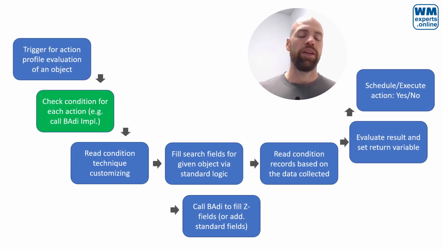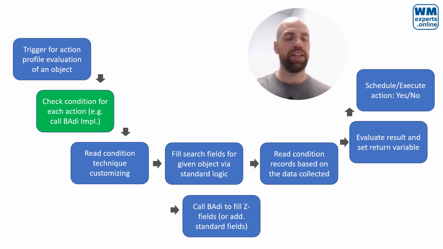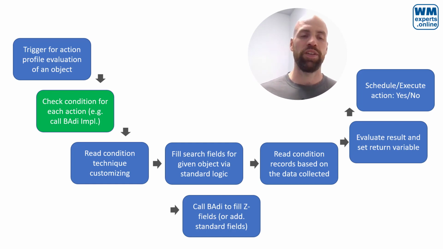So the condition for a given action to schedule or start it is implemented as part of a BAdI. As I said, we change an object, we go through the action profile, we check each and every action step by step, and for each action we check, should it be scheduled, should it be started.